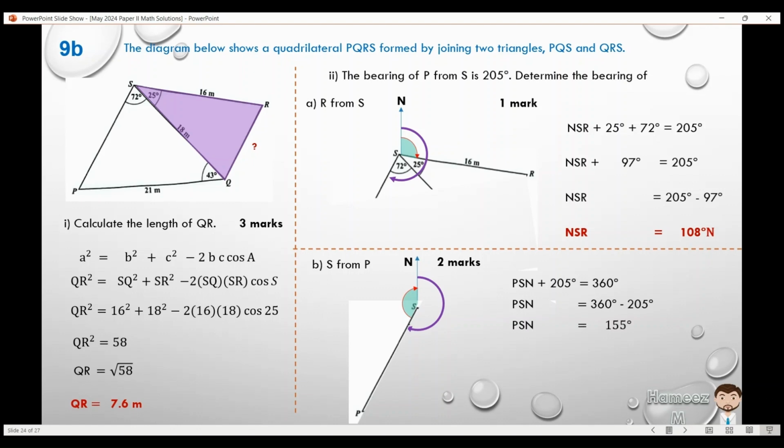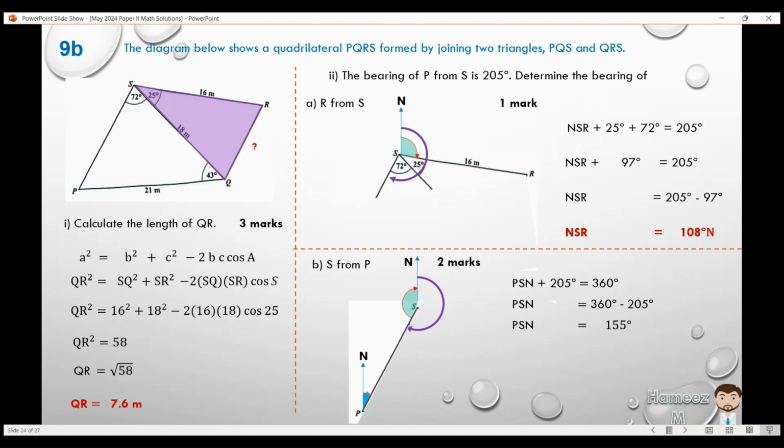And now, if we know that green angle up above, we're interested in which one? The bearing of S from P. So if we start from P and we look north, and then we turn until we face S, that is the bearing that we would like to find. Something to recall is that the angle in blue at P and the green angle, the two of them are considered to be co-interior angles, because they're connected to the parallel north lines.